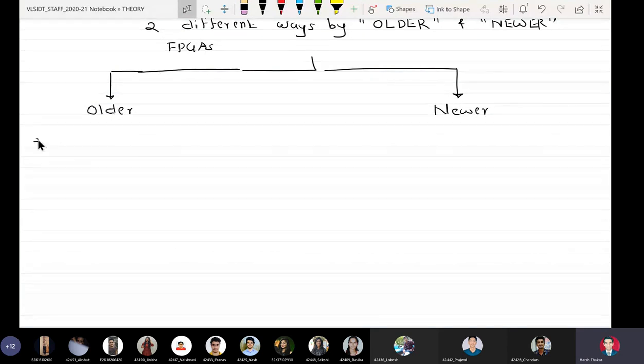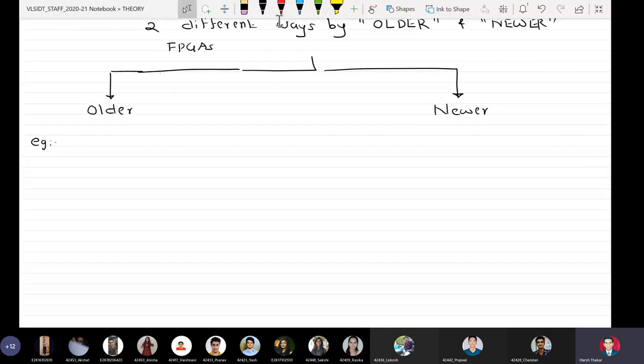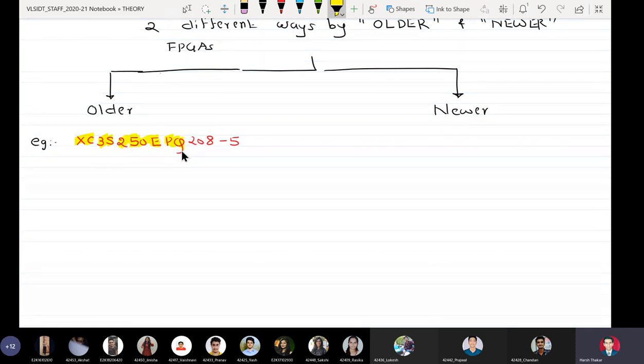So for example, if I take a number XC3S250E PQ208. This is the FPGA which we are using in the lab. XC Spartan 3, 250E, package, number of pins and speed grade. We know this, right?